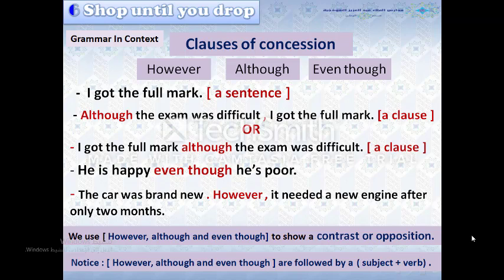The exam was difficult and you got the full mark. Notice that here, if you start with the clause, you need a comma after the clause. But if you start with the main sentence, you don't need a comma. Notice something. Clauses of concession, however, although, and even though, are followed by a subject and a verb.